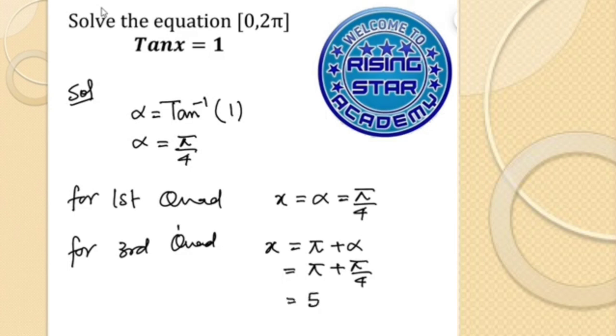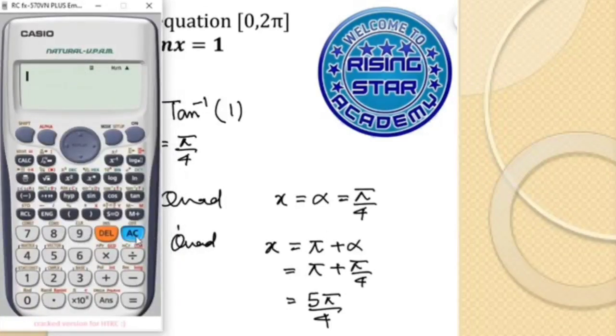Calculated, you will get 5 pi over 4. Let me show you. Shift, pi plus pi over 4, that is equal to 5 pi by 4.